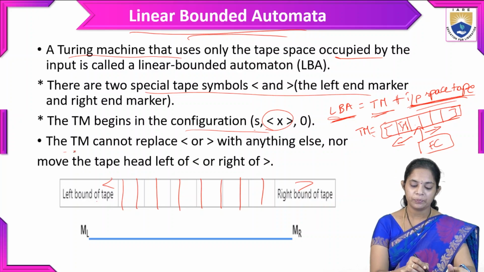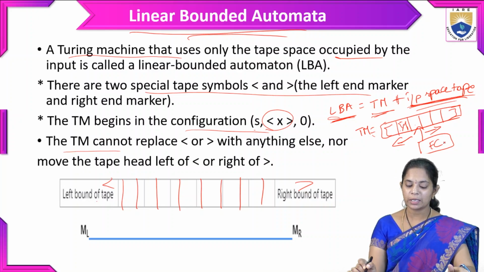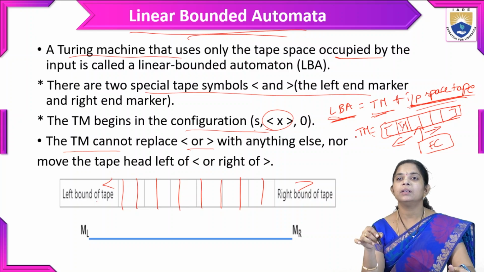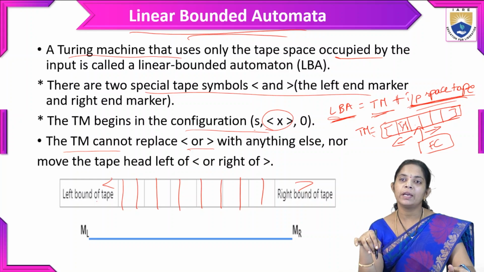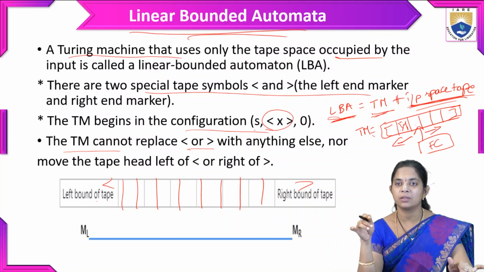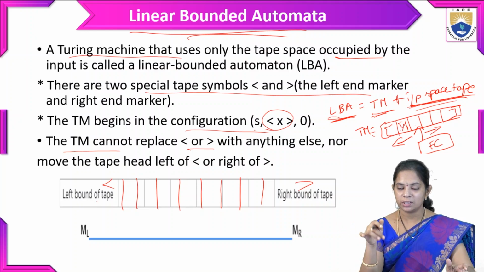Here the Turing machine cannot replace these two values. We can replace the input values, but we can't change the boundaries.